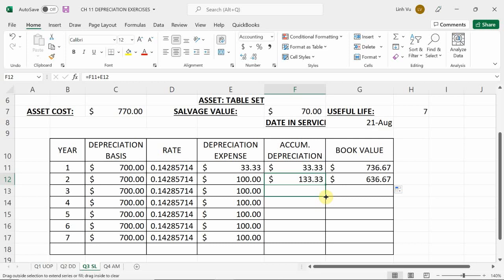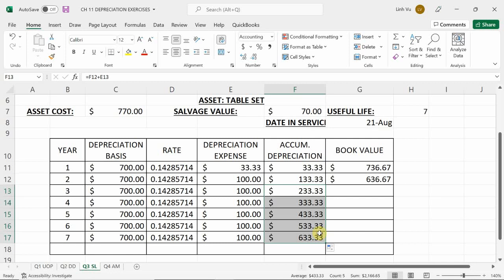I have to add my current year's depreciation expense. So if I'm depreciating every single year by an extra $100, what is that going to do to my accumulated? 233.33. And then 333.33. Okay, so now you're noticing that you're just increasing it by $100.